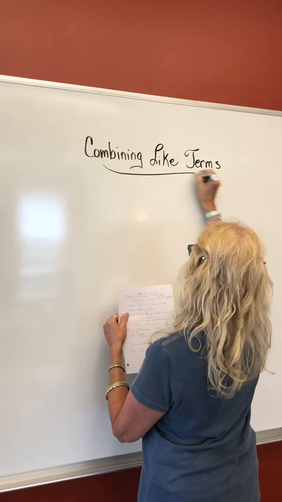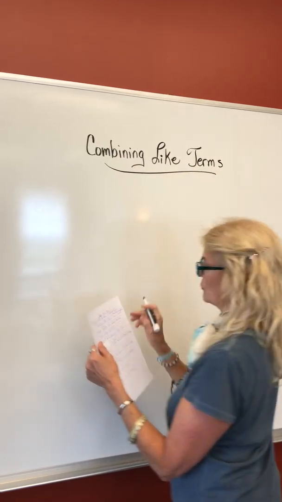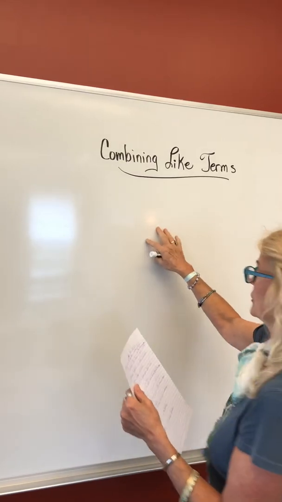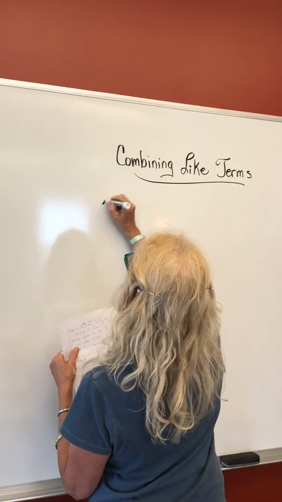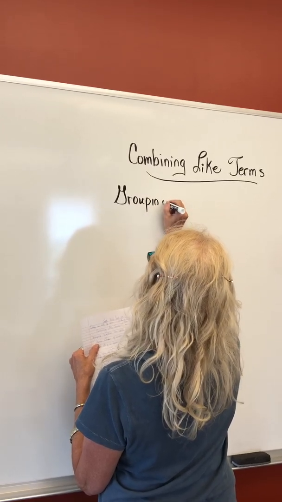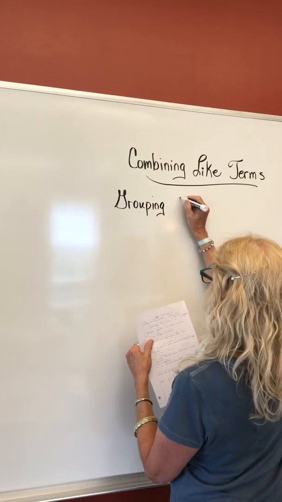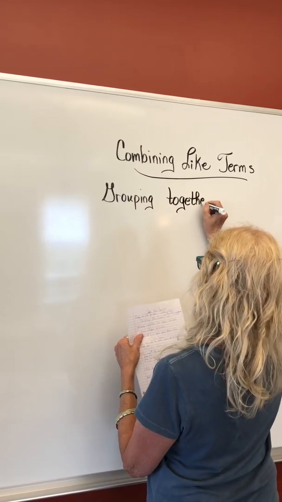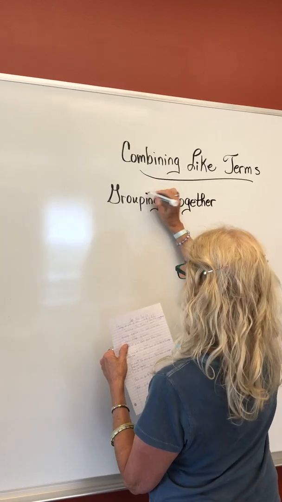So the lesson is combining like terms. Let's talk about the definition of that and what that is. That is grouping together, as I said, this should be in your composition book, these definitions, all right?